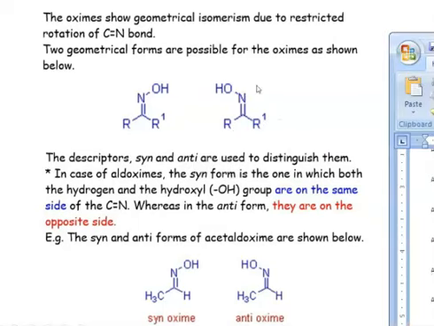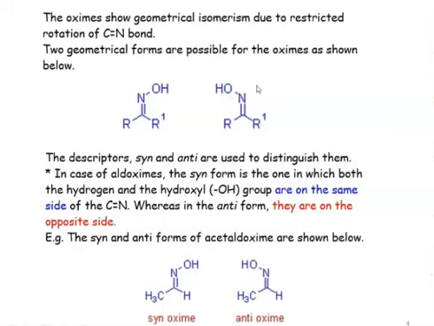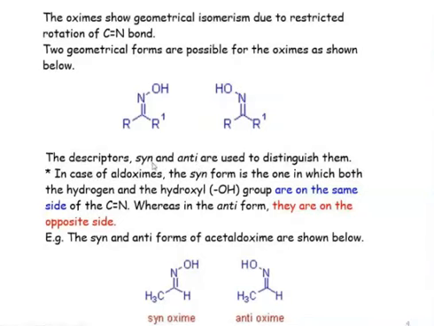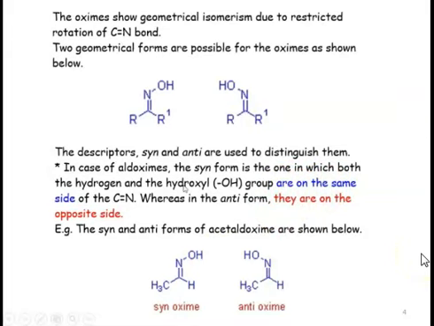Here, instead of the cis-trans terms or the EZ terms, the two configurations can be represented by the descriptors syn and anti. So we can say the descriptors syn and anti are used to distinguish the configurations observed in case of the hydroxyl group.